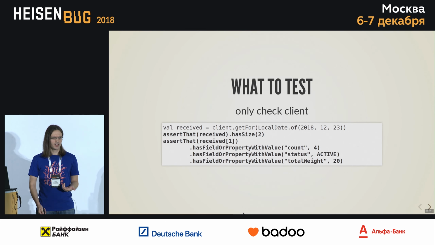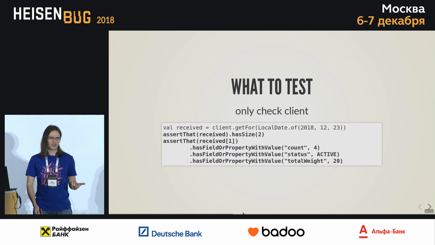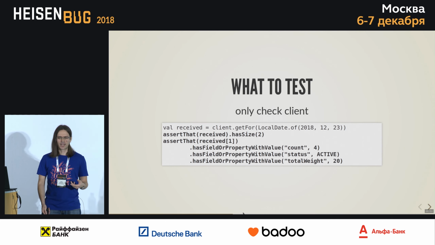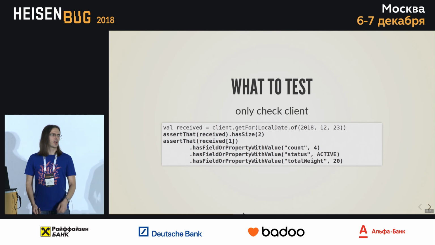And one way to do it is to make assertions on the fields. So we get those objects deserialized from the client and check that fields are okay. So we will get a bit more confidence. We will know that the mapping between HTTP body and our objects is correct, but there is another way.